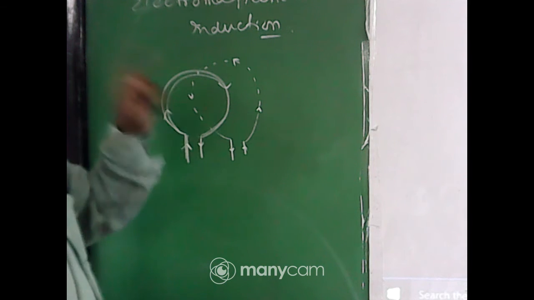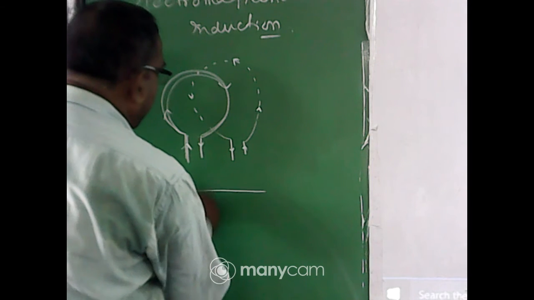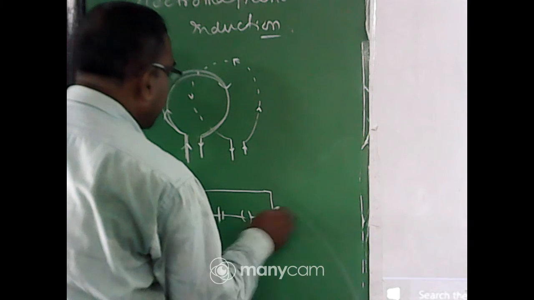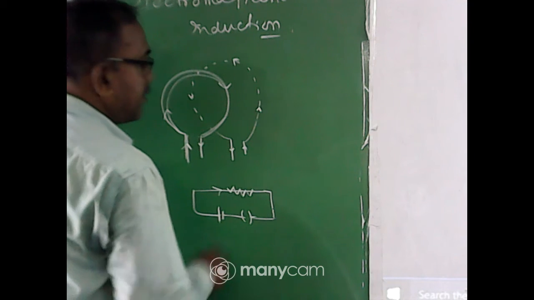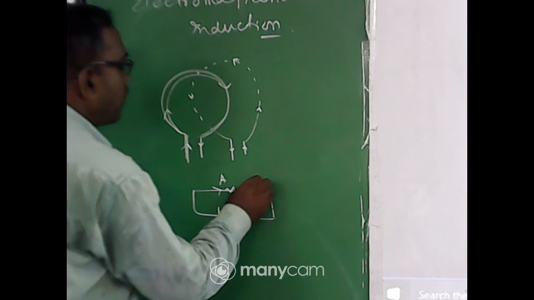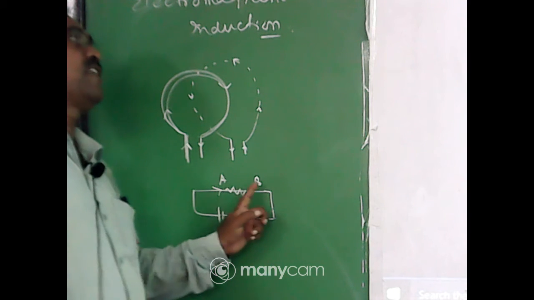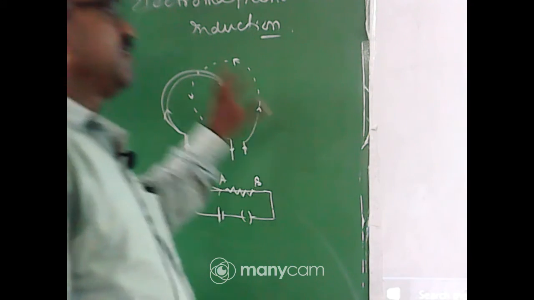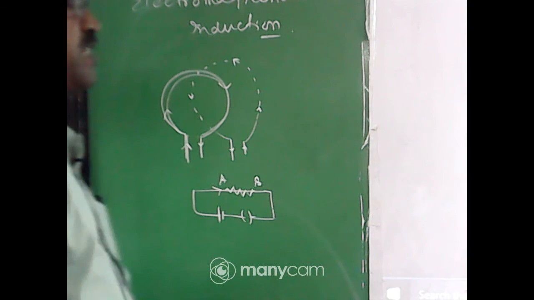If current is there, you know from your first chapter, current electricity, if current is in a conductor, a potential difference is there. Means if the current direction is this, the potential difference between this and that point is different. That means VA must be greater than VB. So a potential difference is created on that coil, that is the induced EMF or the induced potential difference.